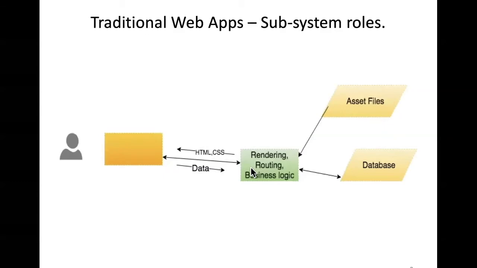From a subsystem roles perspective, you can see the orange box there I've left as empty. And what we often say is that it's a dumb client. It really doesn't do anything. It just receives the HTML and displays it.